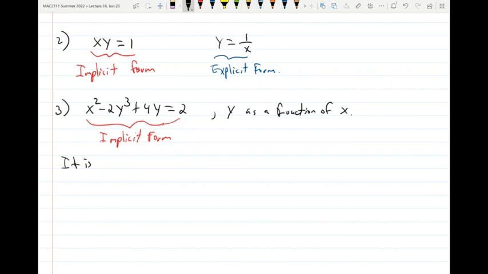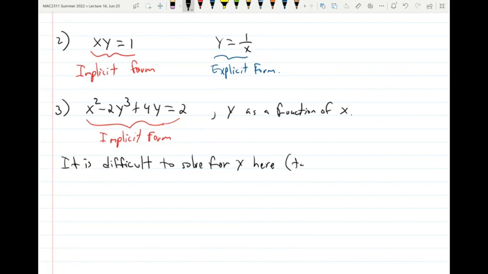Move everything to the side, take the cube root, and you're good to go. But that 4y complicates things. So it is very difficult to solve for y here.